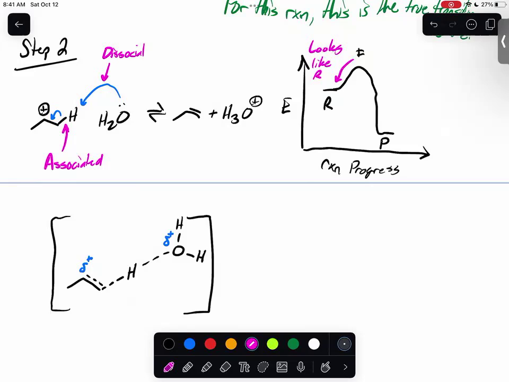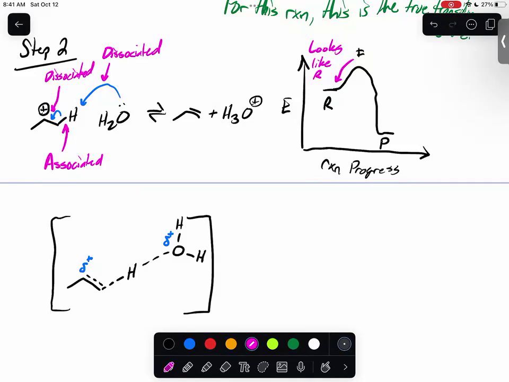And it also has the alkene bond dissociated. Right, and the reason I'm using these terms here is I'm just showing whether or not the bonds are there to begin with, or they're not there and they're being formed. All right, so what that tells us is if a bond is dissociated in the reactants, it's going to be long in our transition state, versus if it's associated, it's going to be short in our transition state.